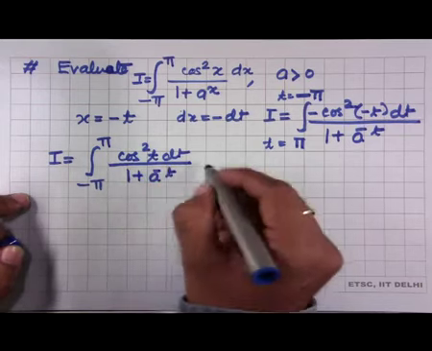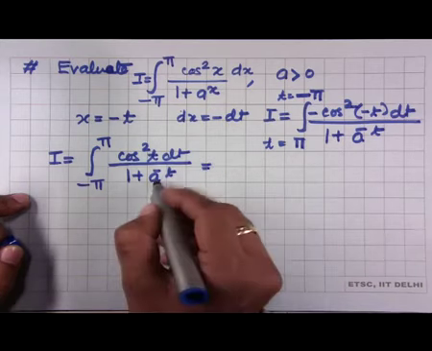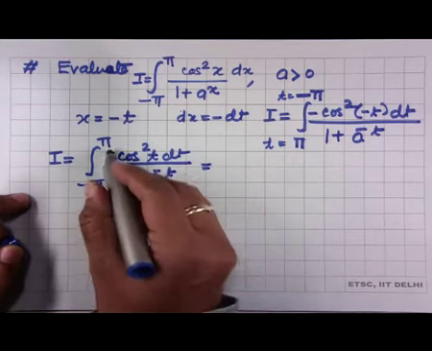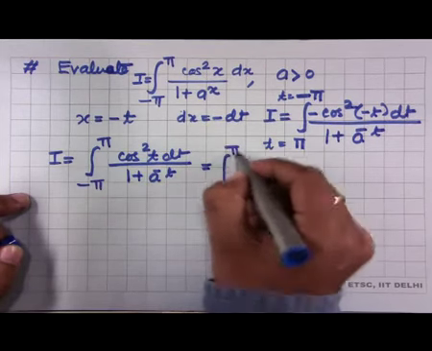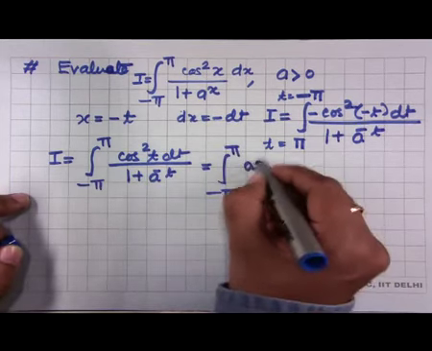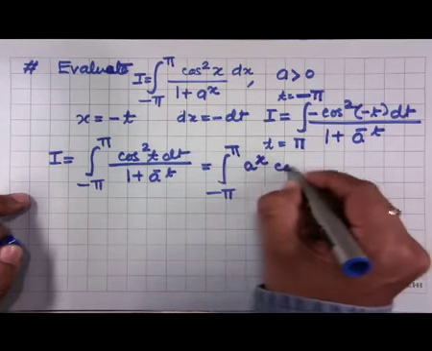Since t is a dummy variable, we can change t to x, and let us multiply by a to the power t in the numerator and denominator, so you get the integral from minus pi to pi, and I can write it like this.